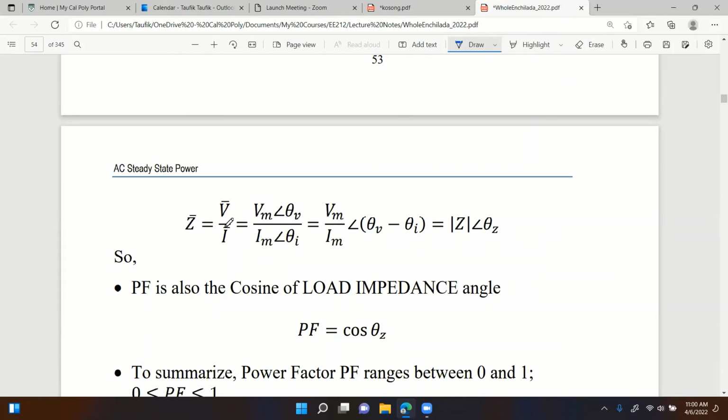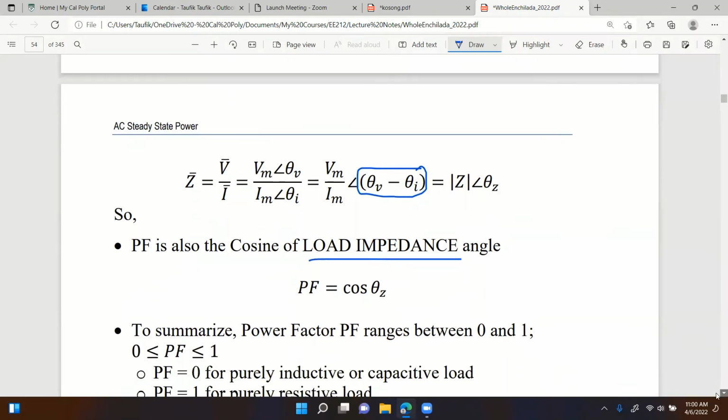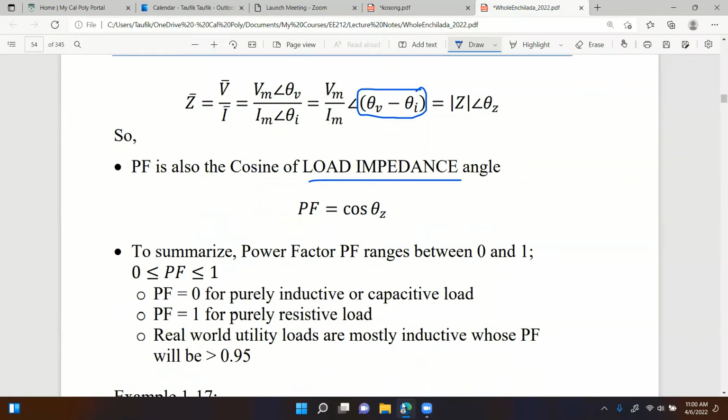If you do Ohm's law right here, look at what happens with the angles. You get Vm over Im, and then theta V minus theta I. That's the angle again. So another definition of power factor is the cosine of the load impedance angle. Okay. And with that, that would conclude the session for today.